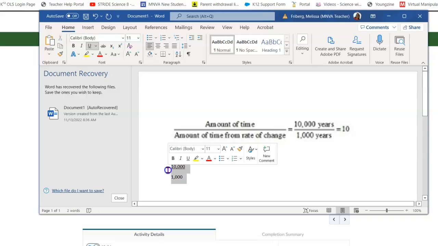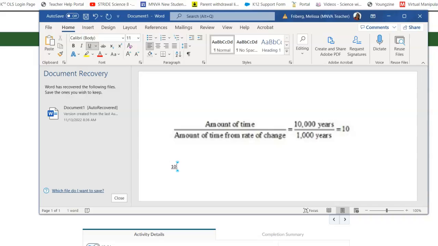So 10,000 divided by 1,000 equals 10. So basically what I did is the same conversion up on top: the amount of time versus the amount of time from the rate of change.